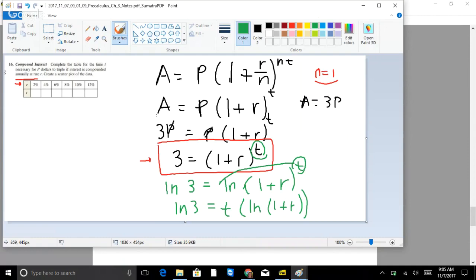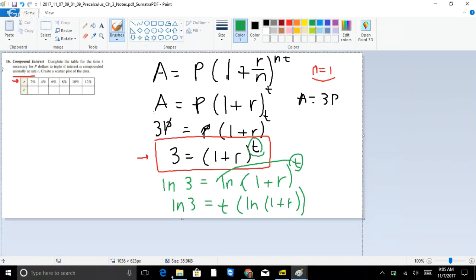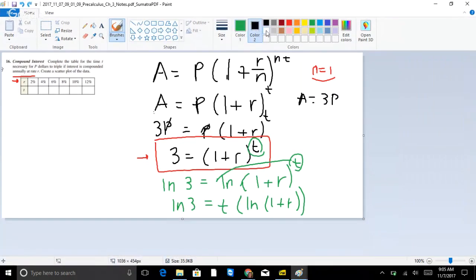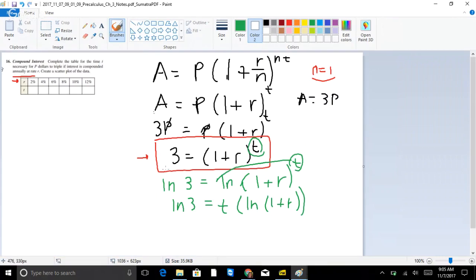So we're trying to find a function that solves for t at these different values of r. I'm running out of room, but I can add more space on here. There we go. Now if I divide both sides by the natural log of 1 plus r, I come up with an equation off to the side that looks like this.